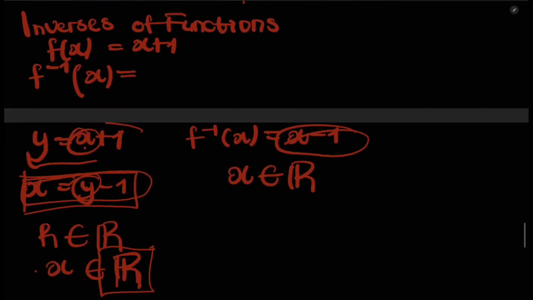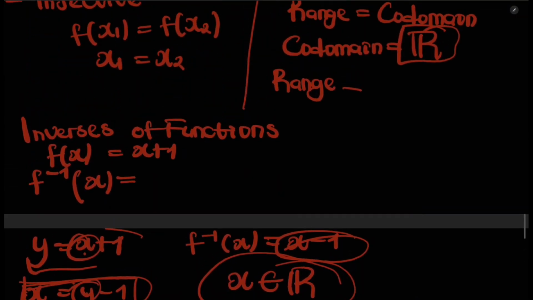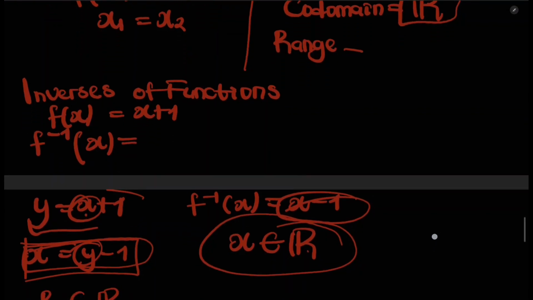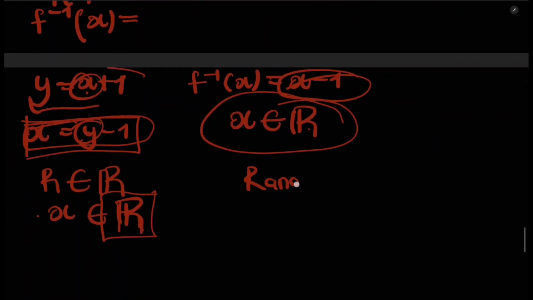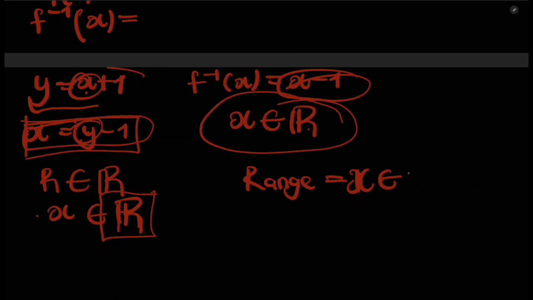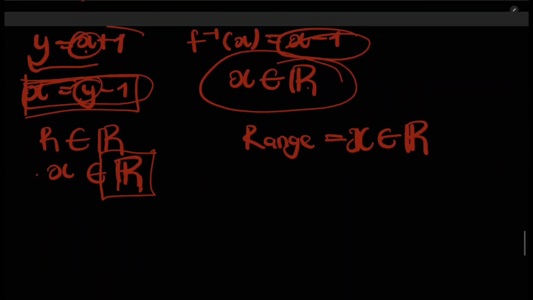And so, from here, x is an element of real numbers and our codomain is a set of real numbers. So here we can say that the range is x, an element of real numbers, and our codomain is the same.